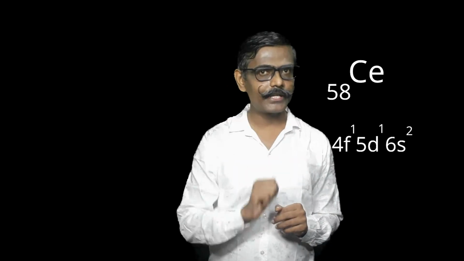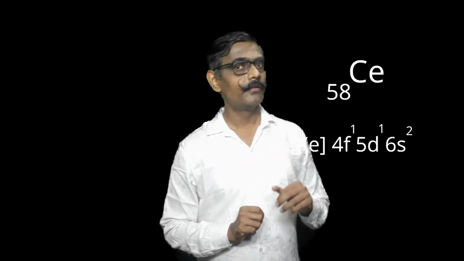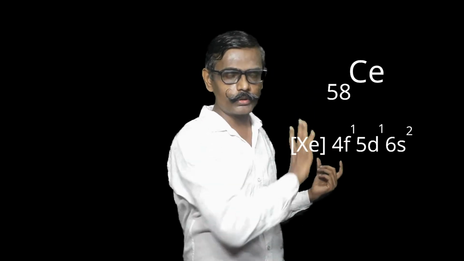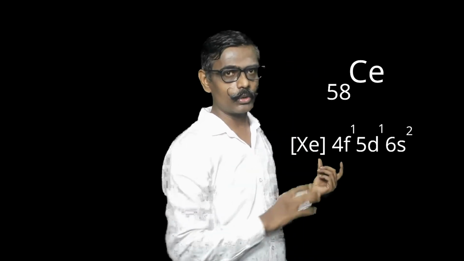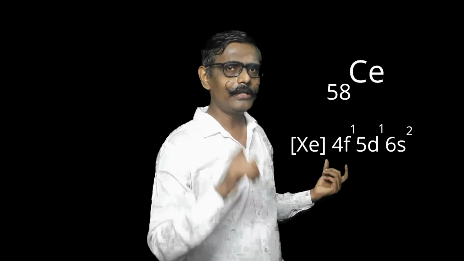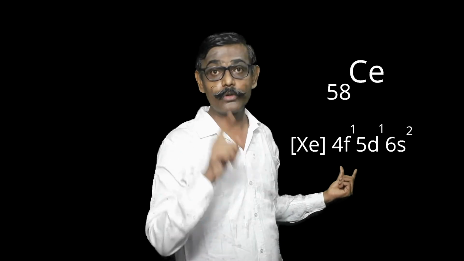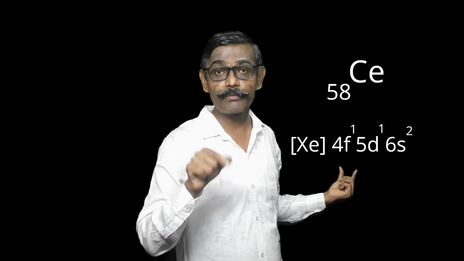Next element, cerium, atomic number 58. So what happens in case of cerium? Up to xenon the 5p orbital is over, 54 electrons are over. The 55th electron in cerium enters the 4f orbital. The 4f orbital is the most suitable for the 55th electron.